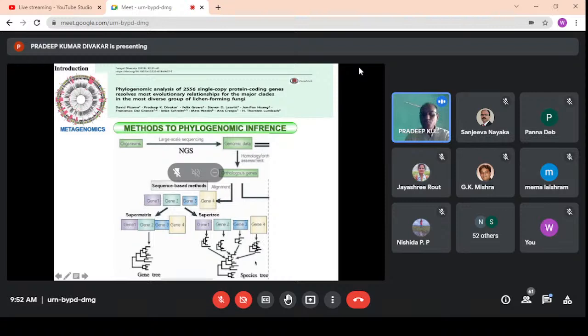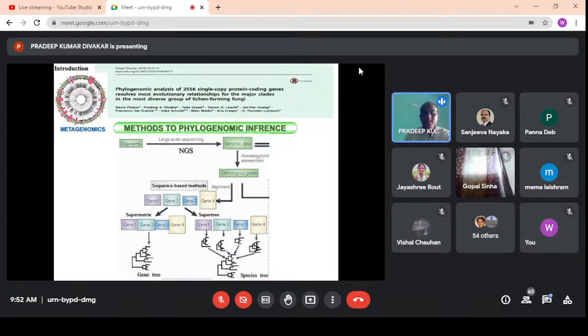We end up with one tree that has the most common topology among the thousands of trees generated from the single gene data sets. So we end up with a gene tree and a species tree. That way we can analyze all the genetic information of a species with phylogenomic inference.